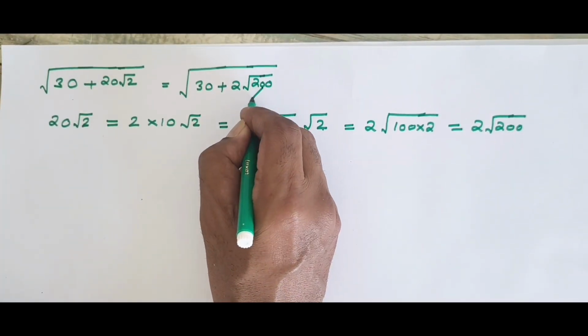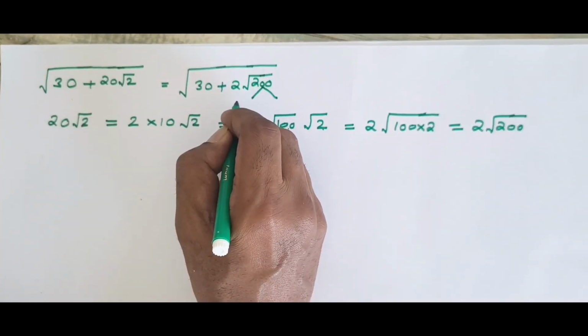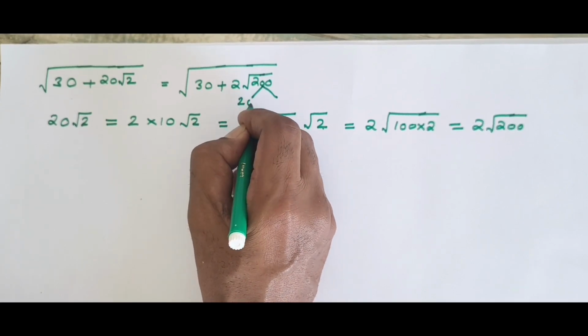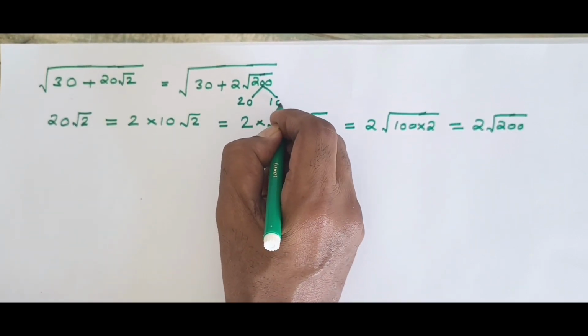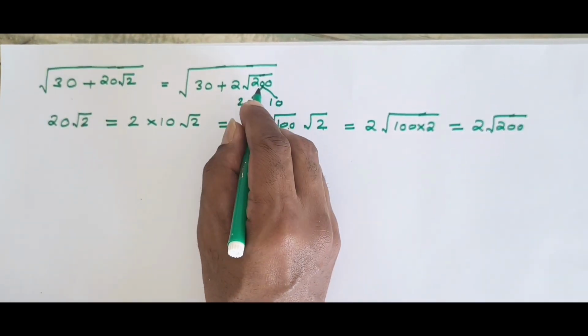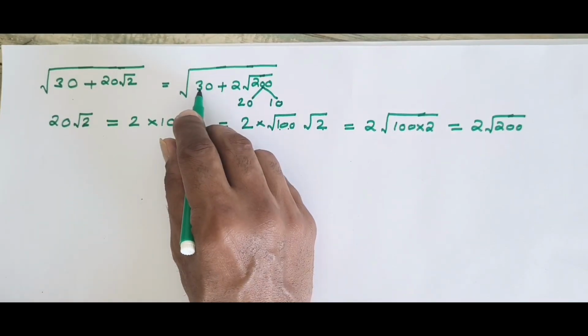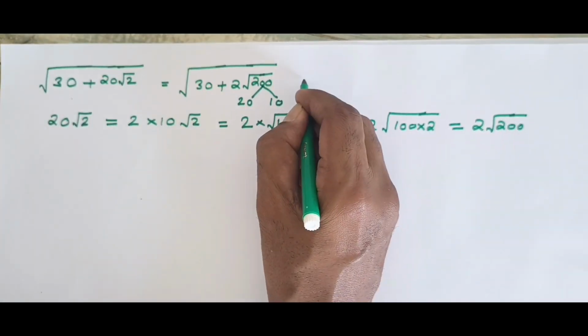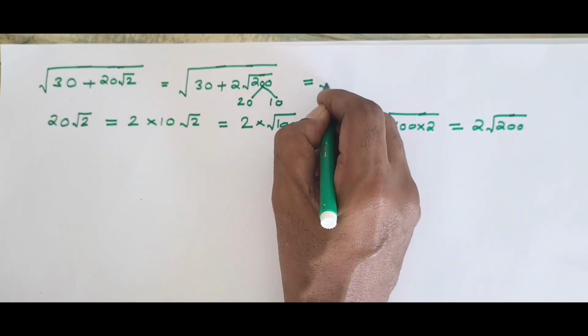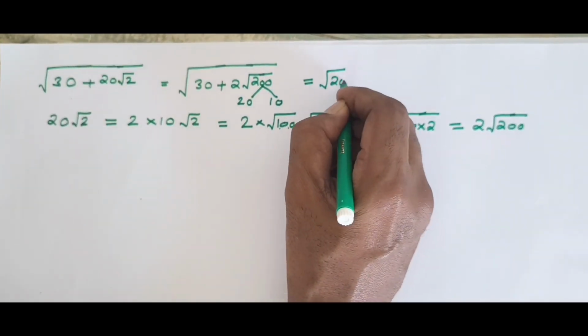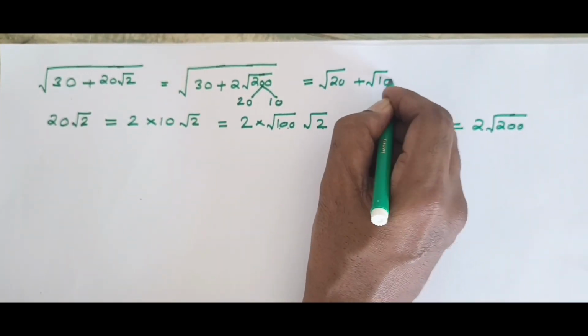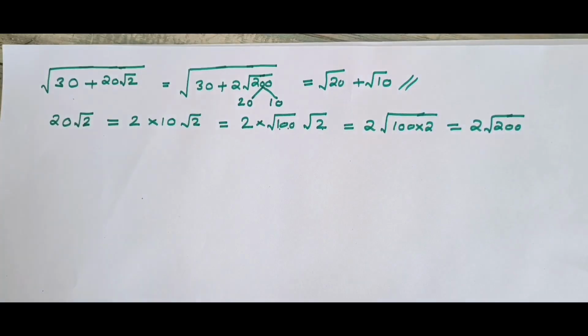See, you can split it in many ways. We will use this splitting, 20 and 10, so that their product is 200 and sum is 30. Can you see that? Then the final answer will be square root of 20 plus square root of 10. That's all. Maybe this will take at the most 20 to 30 seconds.